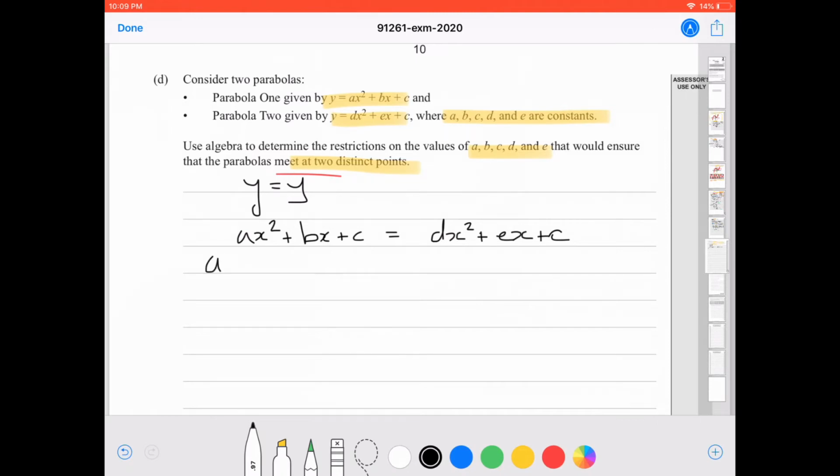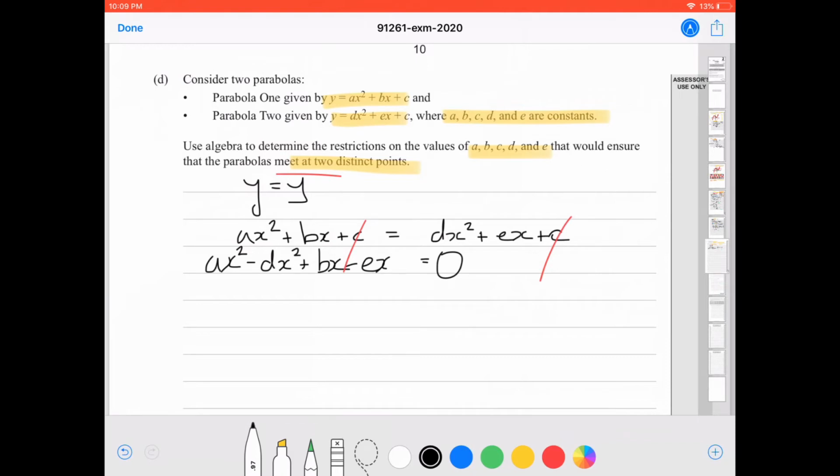Similar to the previous question, actually: ax squared, and we'll order it in descending powers of x, so minus dx squared plus bx minus ex, and our two c values we can see cancel out. Okay, and this equals 0. At this point we can take some common factors.